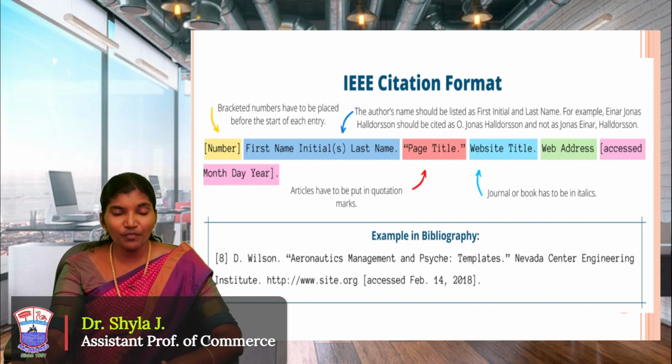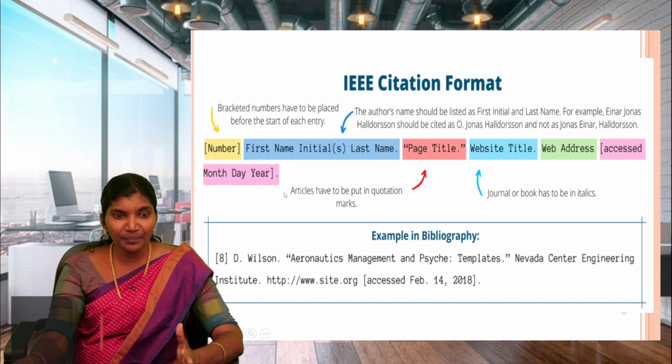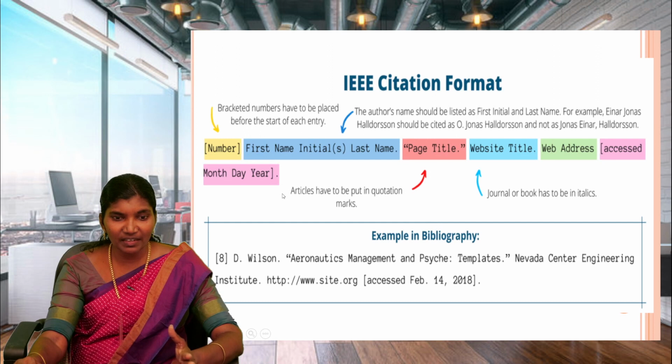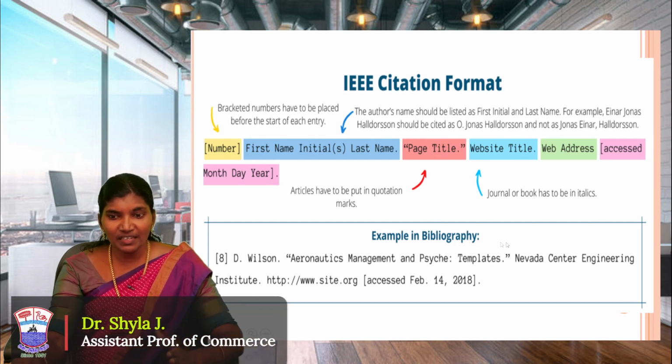See the example of the IEEE citation format. Here it begins with number 8, the author name with initial D. Wilson, Aeronautics Management and Psych, the templates, that is the title of the paper, and Nevada Center Engineering.